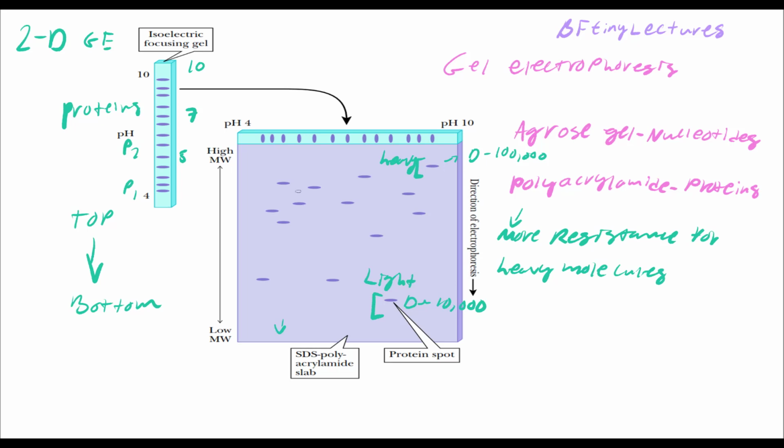After you figure that out, you want to load it up into these wells. These are called wells. Okay, these little kind of dots right here. So protein 1 is going to be here, protein 2 is going to be here, protein 3, etc. Now this is assuming that they have the same size, okay?